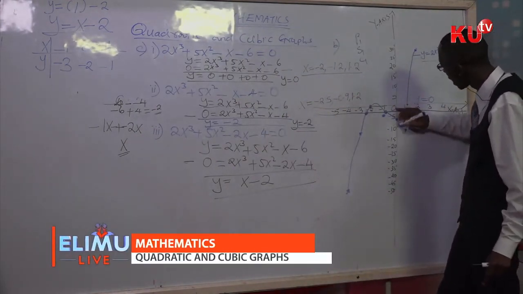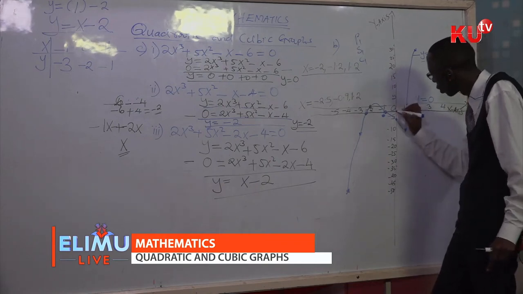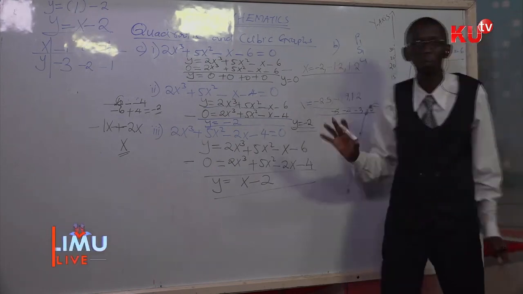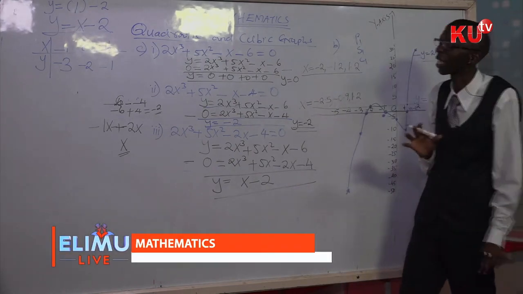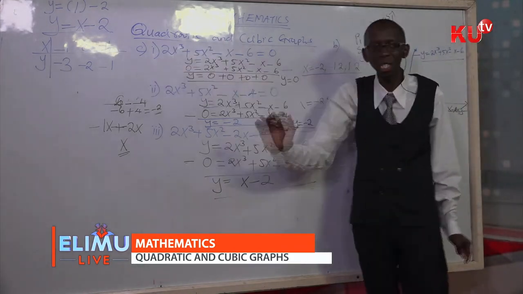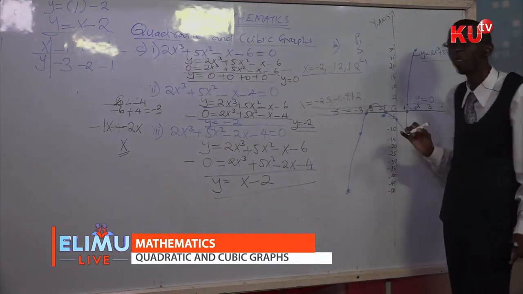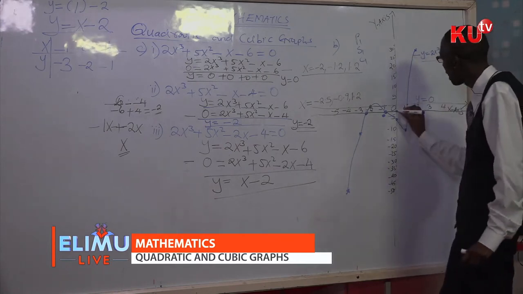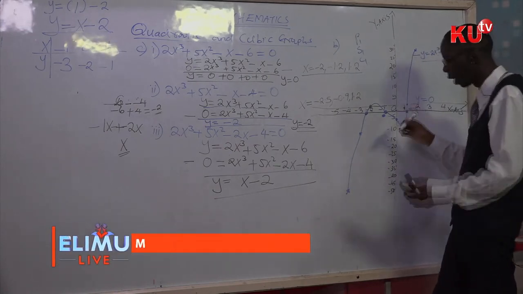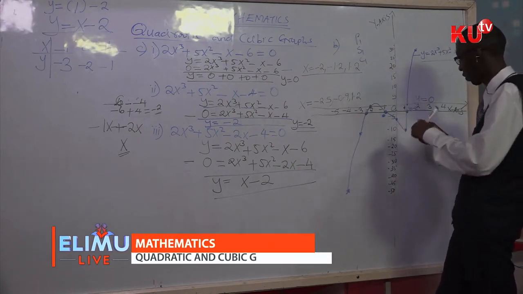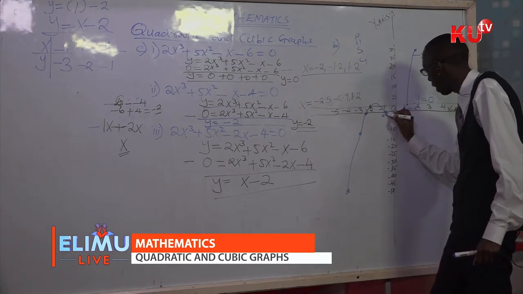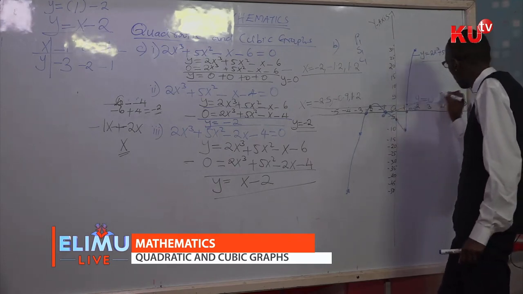And 1, -1 is somewhere there. So you plot the points that you have gotten, and it will give you a straight line. Use your ruler to join the 3 points.